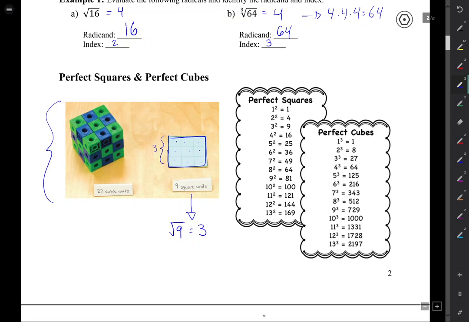We can think the same thing with this cube here, but this time we would take the cube root of this number. So we are looking at the cube root of 27, and we're saying cube because this shape here is a cube, and it is equal to the side length, which is 3, once again. That's because 3 times 3 times 3 is equal to 27.